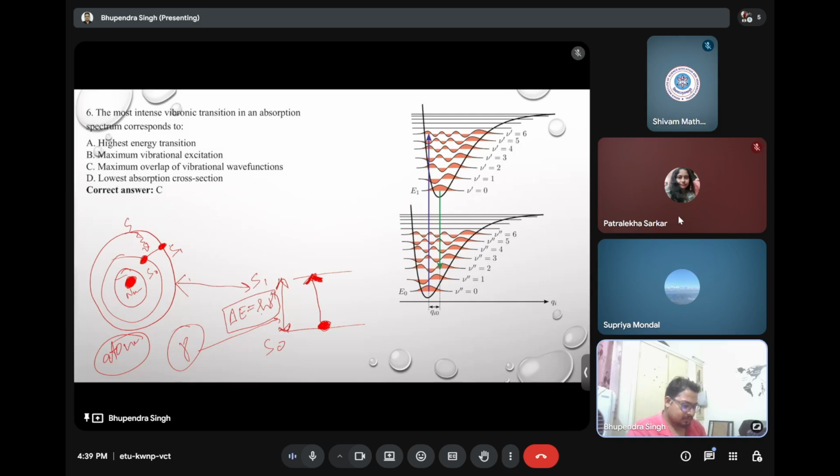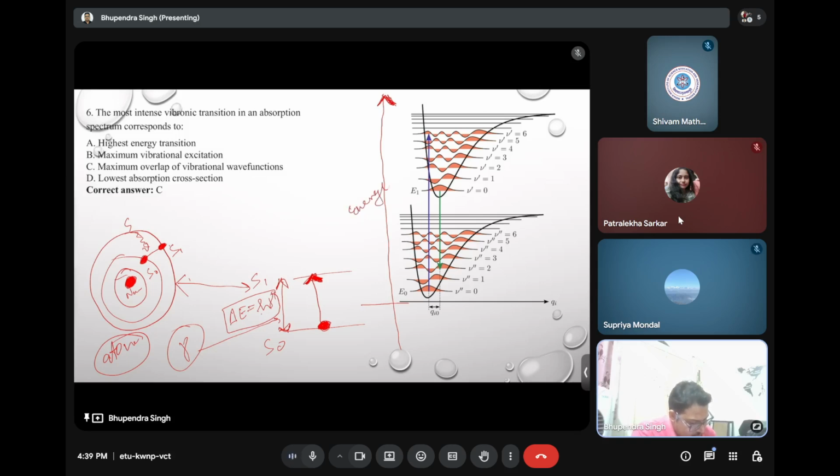Okay, tell me one more thing. Whatever this graph is, what is the y-axis? Energy, yes.